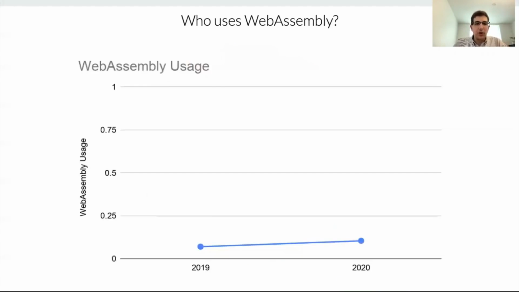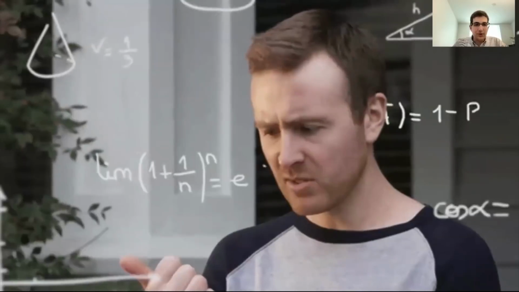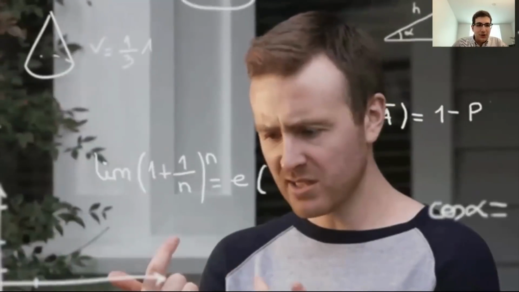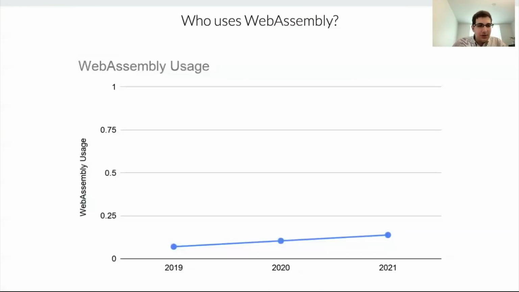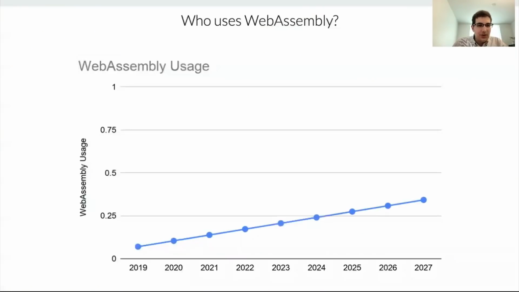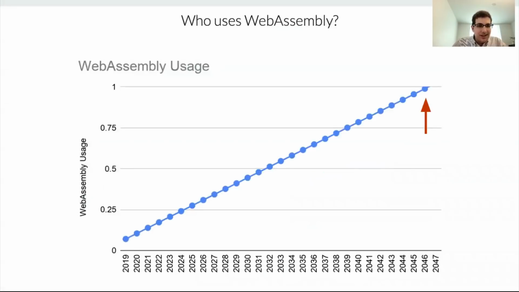We only have two data points here, 2019 and 2020, for the percentage of developers who have used WebAssembly, around 10%. But if we're interested in projecting future WebAssembly usage, what we can do is use very sophisticated mathematical modeling techniques to try to impute what the usage is going to be in the future.